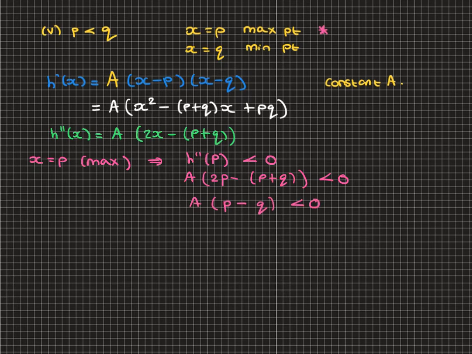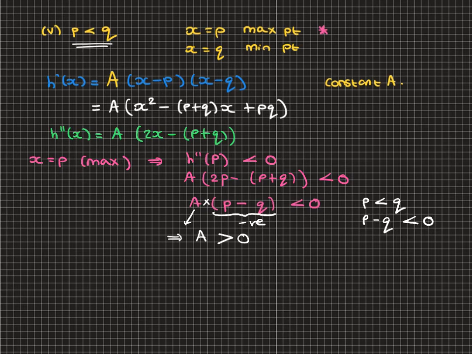Now, we were told earlier on in the question that p is less than q. So because p is less than q, p minus q must be less than 0. And this is a product. It's a multiplied by p minus q. Now, if this part here is negative and you want the product to be negative, that means, by extension, a must be a positive value.